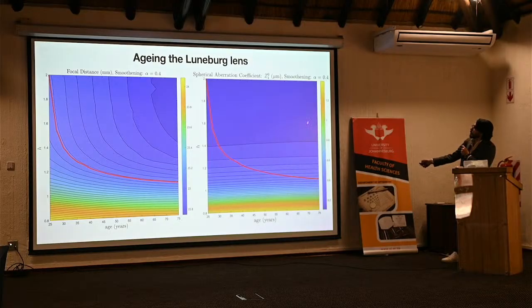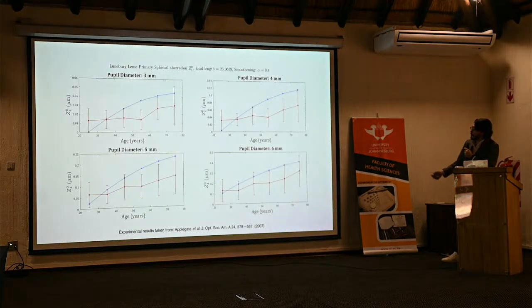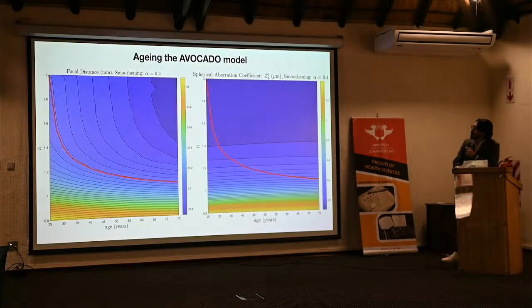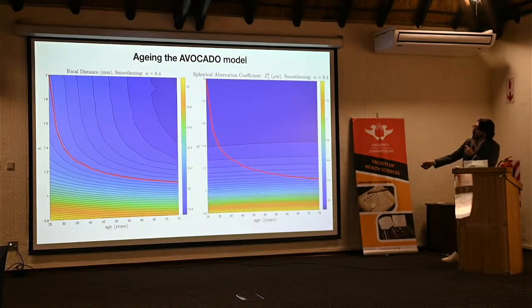Of course, this is for a fixed pupil, but here we have the results for these 4 pupil diameters. And we also did the same in the Börjeson model. We took a curve that corresponds.